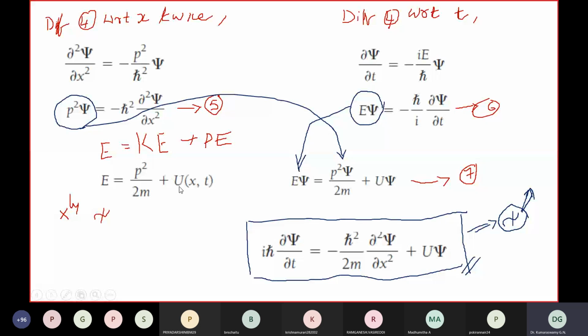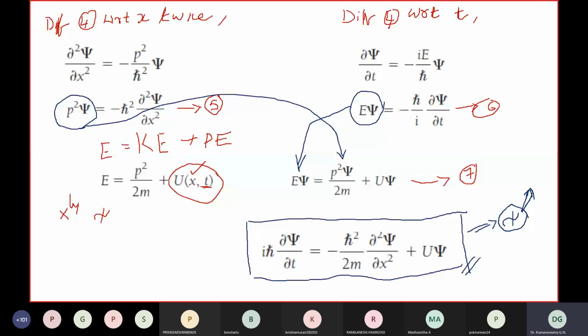That is the potential energy as a function of x and t. But in many cases, potential energy need not depend on time explicitly. It depends only on the position of the particle.